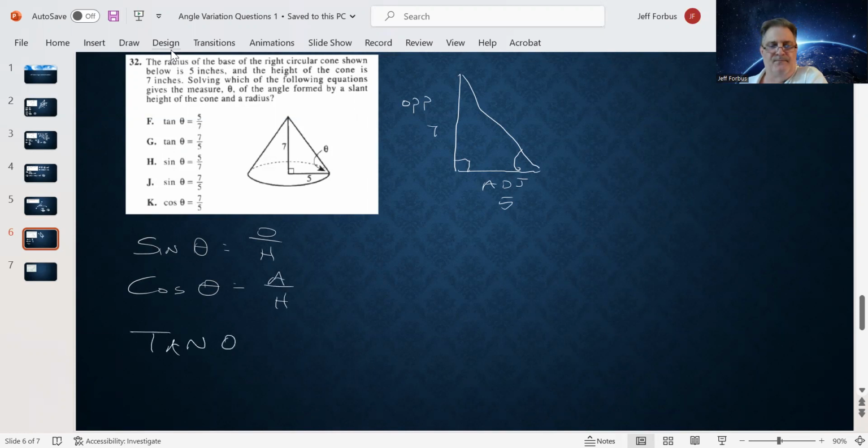Tangent is going to be equal to the opposite over the adjacent. Well, we have the opposite and adjacent sides, so that leads us directly to the tangent formula. The opposite is 7 and the adjacent is 5. So therefore, we're looking at answer choice G.